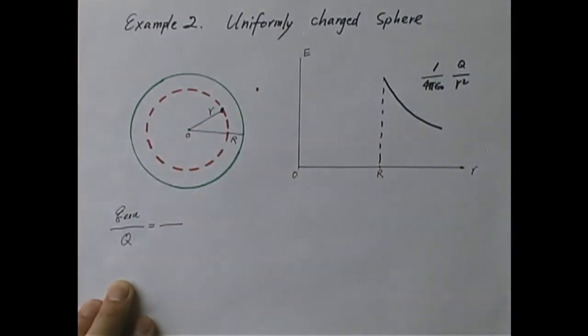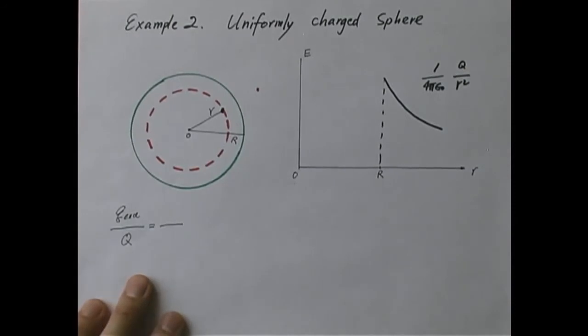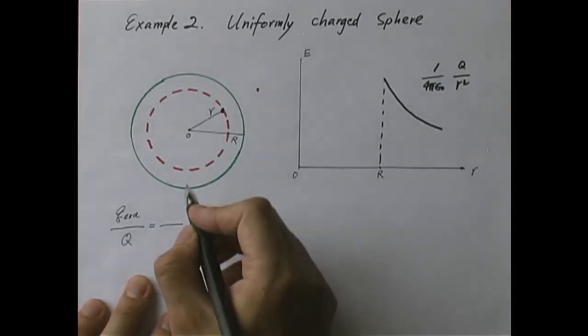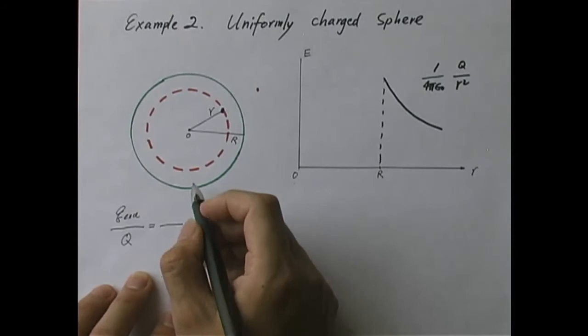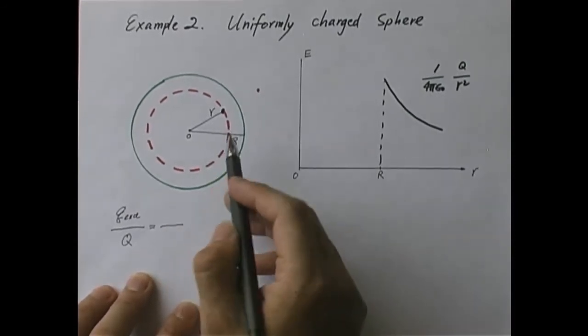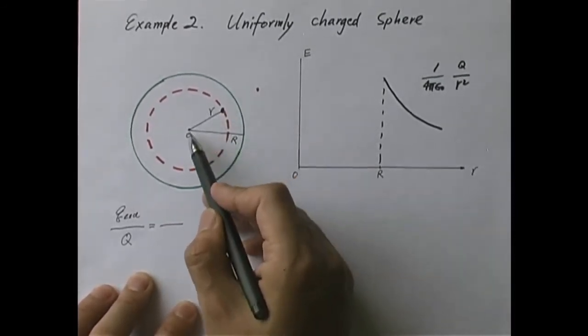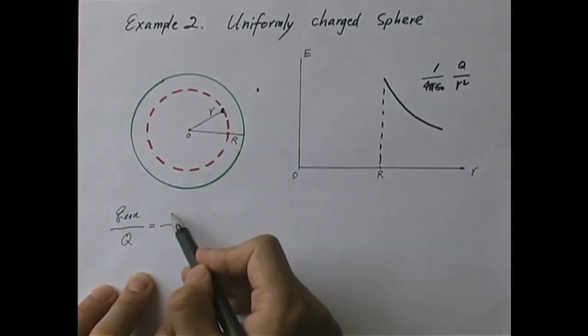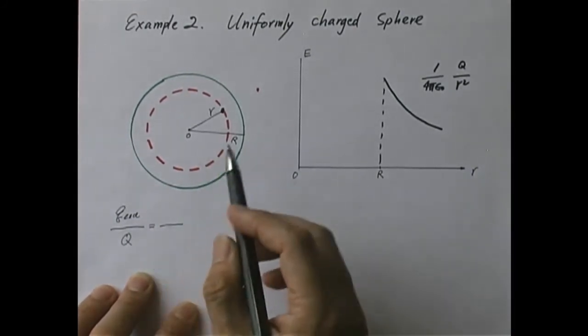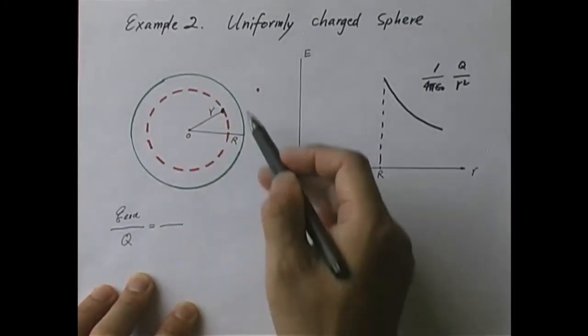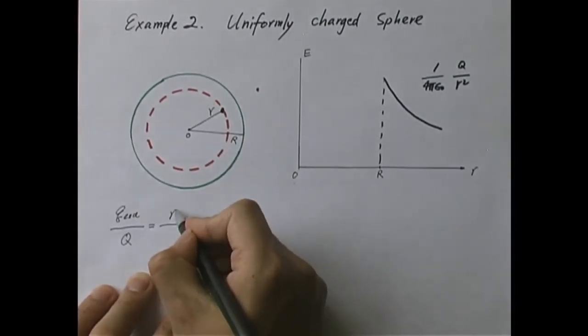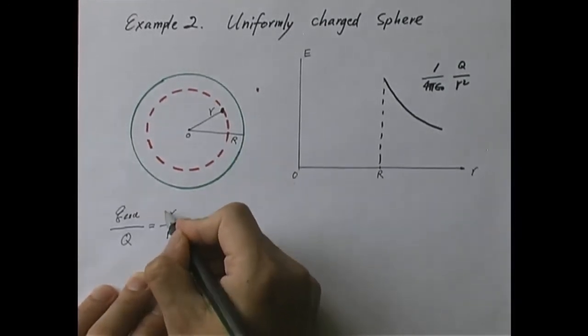Why is Q proportional to volume? Because the charge density is uniform. That's our assumption. So it is equal to 4 pi over 3 times small r, actually small r to the power 3, for this volume. And for big Q it is 4 pi over 3 times big R to the power 3. So really it's just small r over big R to the power 3.